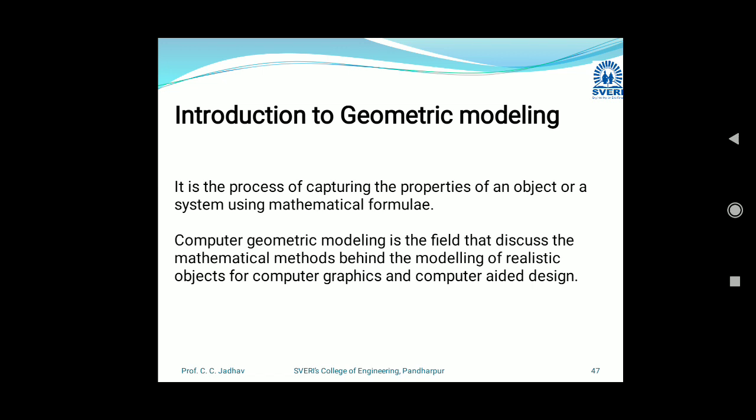Computer geometric modeling is the field that discusses the mathematical methods behind the modeling of realistic objects for computer graphics and computer aided design. We take the information for that model in terms of attributes, then use mathematical formulas behind the modeling of realistic objects, and create the physical 3D model. So this is about the geometric model.